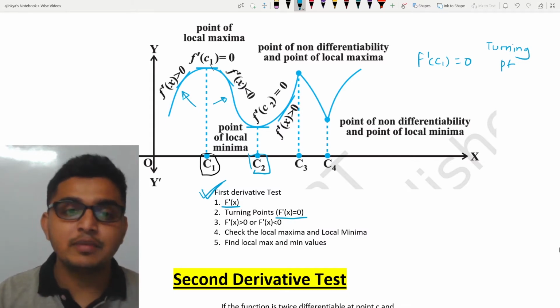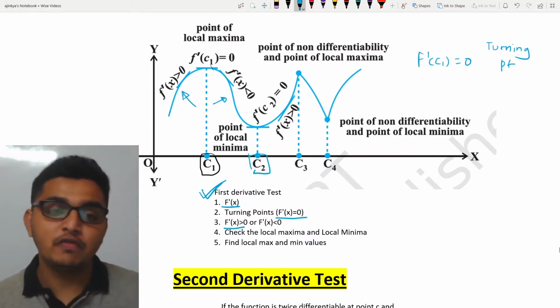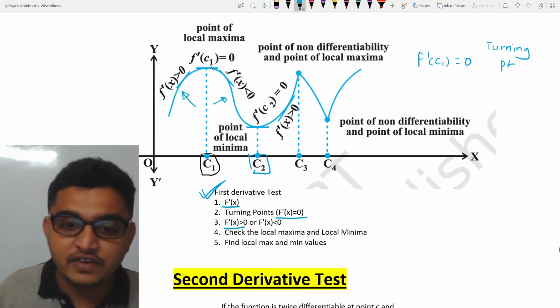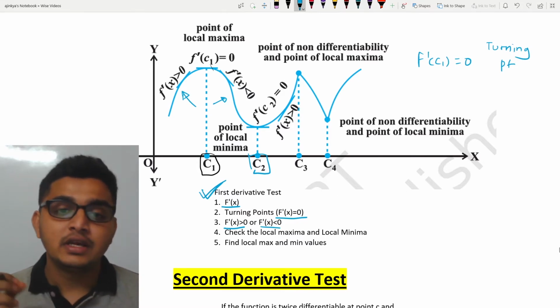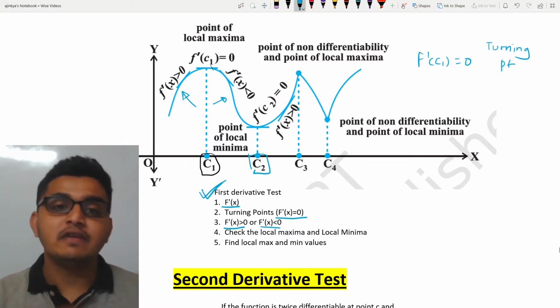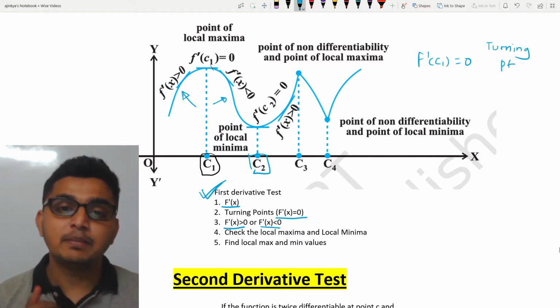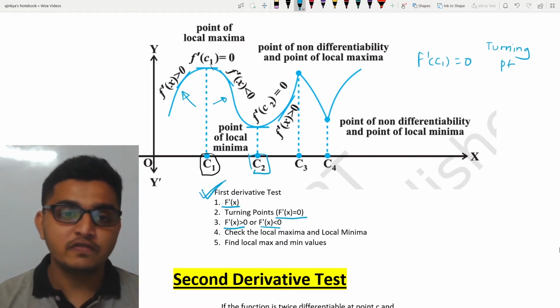In the third step, we saw if f dash of x is greater than 0 or less than 0 before or after the particular turning point, and those gave us the exact nature of those turning points, whether they were minimum or maximum points of that function.